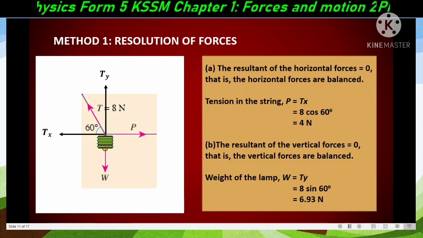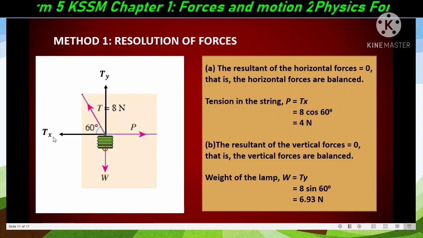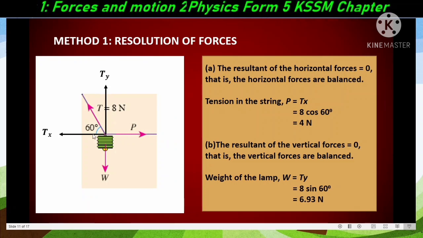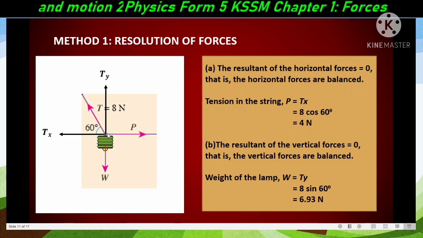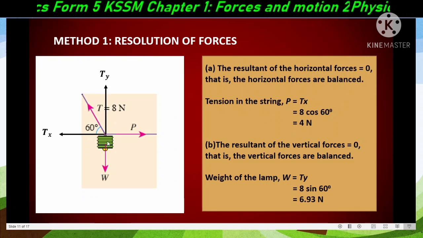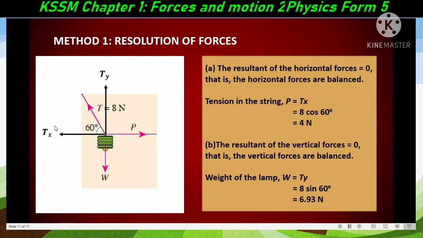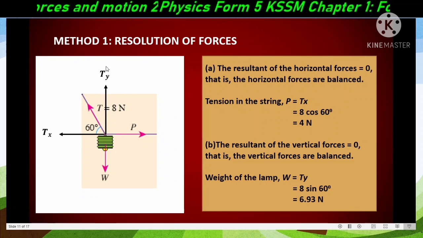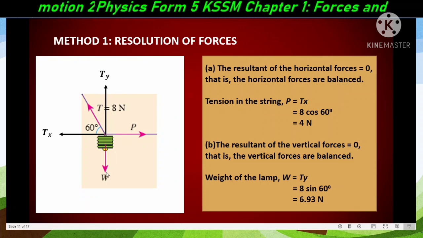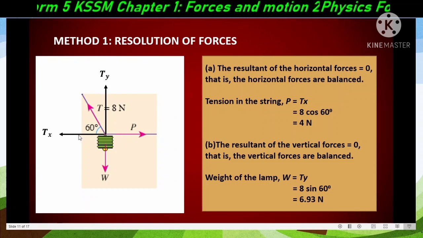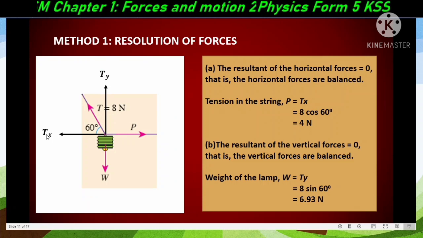In this case, we have vertical component and horizontal component. Resultant force equals 0 means vertical components of force are balanced and horizontal components of force are balanced, meaning upward force equals downward force, and the right side force equals the left side force.